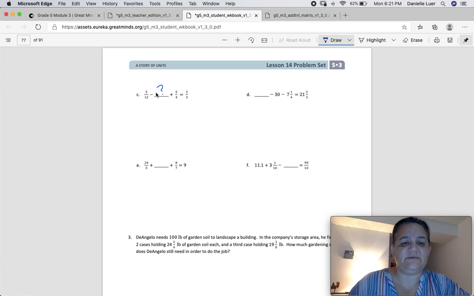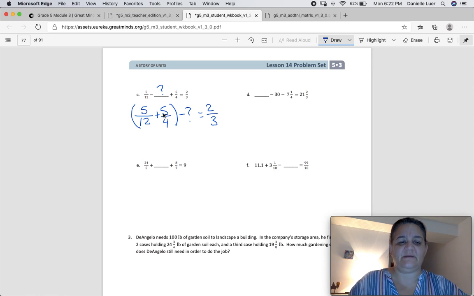We can just move things around. So what I'm going to do here, instead of subtracting second, I'm going to move this over. So let's just do this right now. 5 12s plus 5 4s, okay, and then I'm going to subtract whatever that is, equals 2/3.